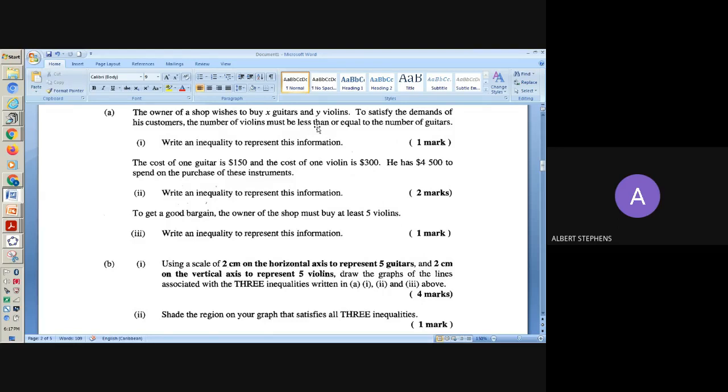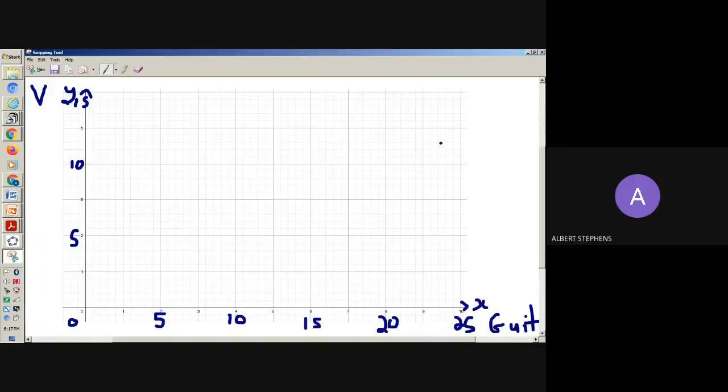Now, how do we do this? I will start with the easiest one. I believe that the third one was y greater than or equal to 5. Was that so? Yes, sir. Right. So part 3 was y is greater than or equal to 5.